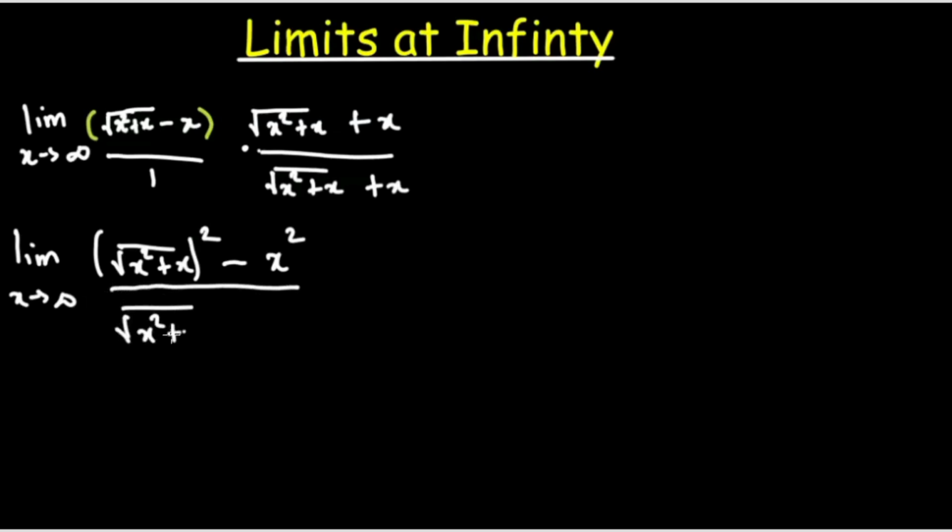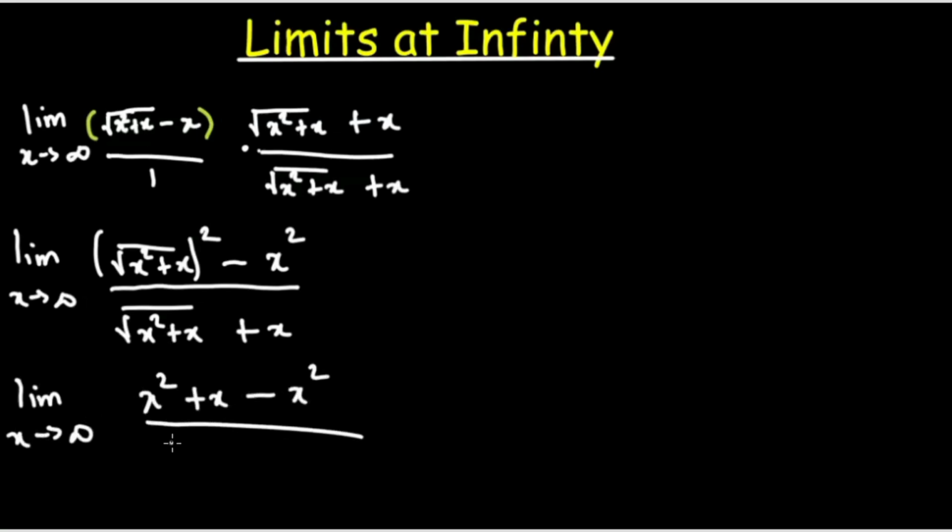Alright? So if we expand this, the square root cancels out the square. So we're left with the limit as x tends to infinity of x squared plus x minus x squared, all over the square root of x squared plus x plus x.